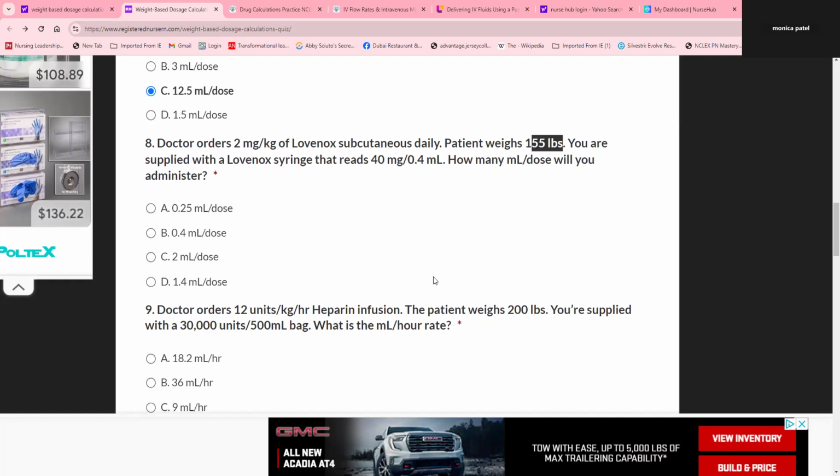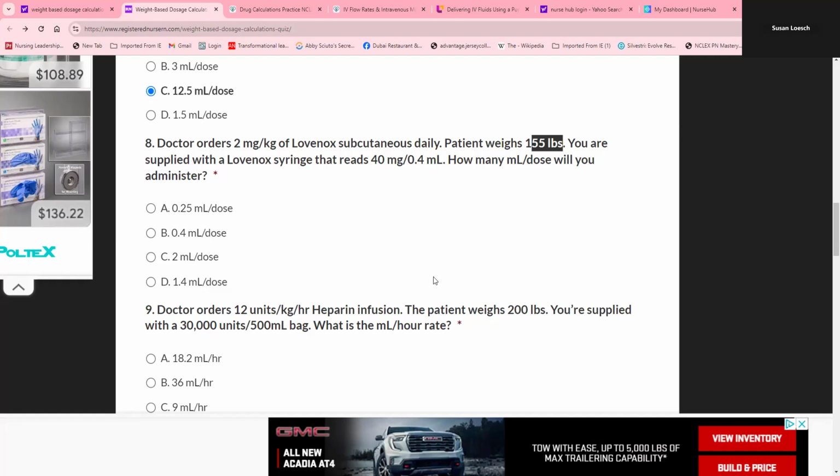Okay. Do you understand why we did that? It's good because the question says for every 1 kilogram you administer 2 milligrams, right? Correct. And we had a total weight of 70.45454545.